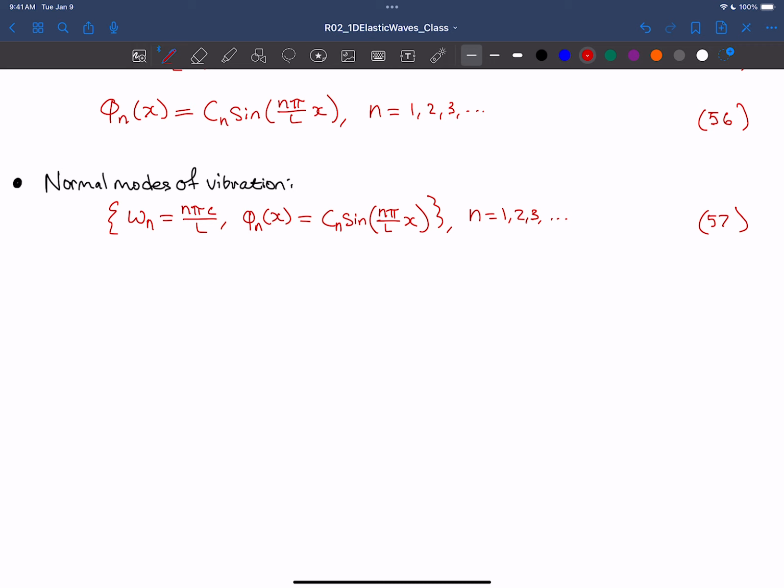And so n equals 1 gives you the first mode, gives you that first natural frequency and first mode shape or first eigenfunction. N equals 2 gives you the second natural frequency and the second mode shape, and so on. And so just to be absolutely explicit, these are our natural frequencies.